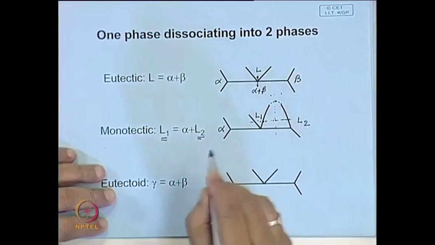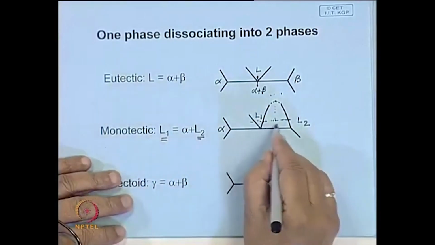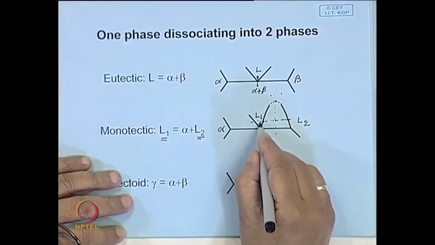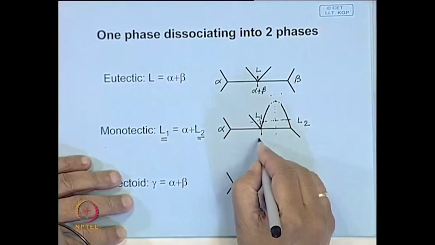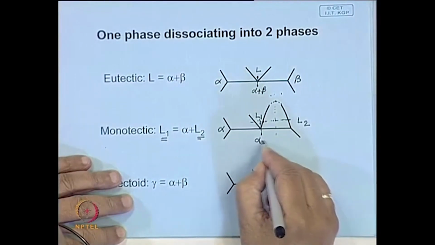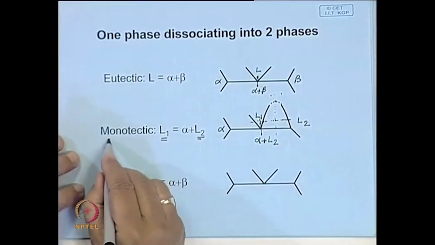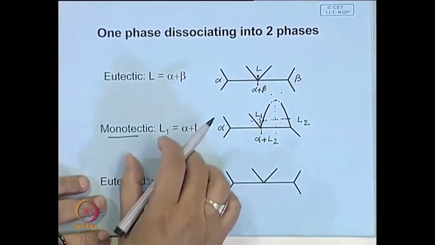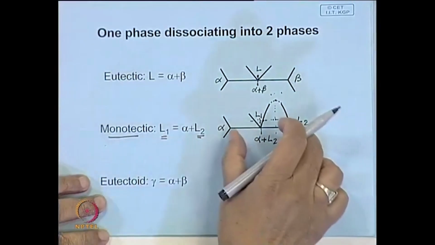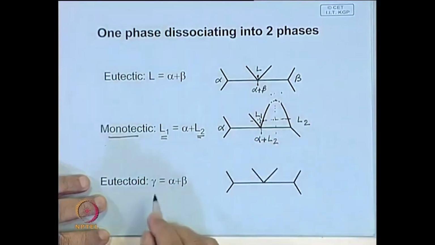So, in this particular case, this liquid is dissociating as you cool into alpha and another liquid, and this type of reaction is called a monotectic reaction. This is also an invariant, because you have three phases coexisting in a binary system.